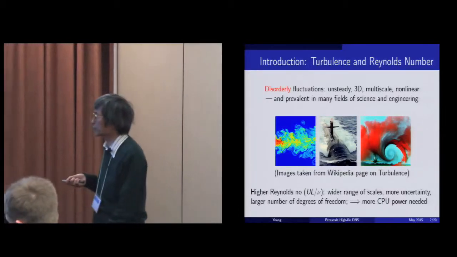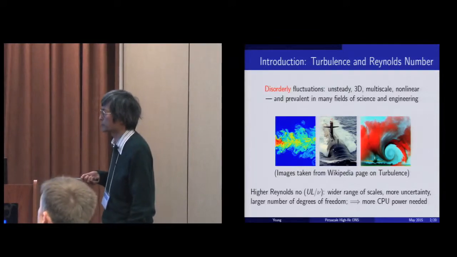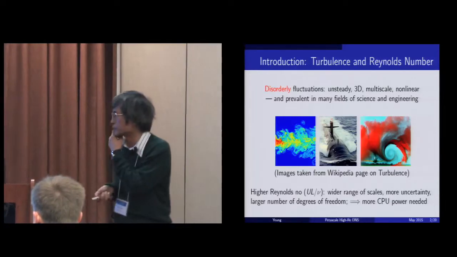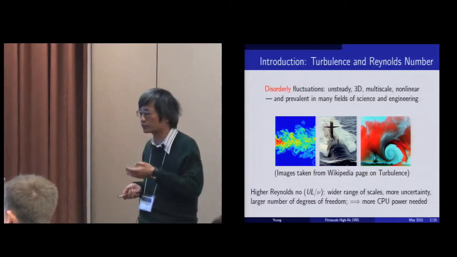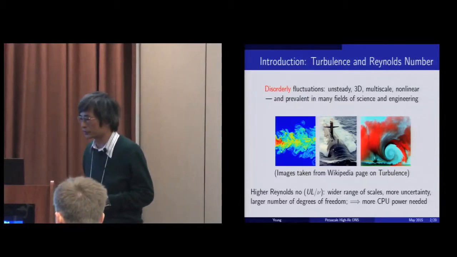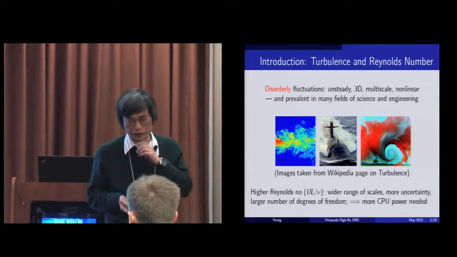And high Reynolds number, well, what is the Reynolds number? Here, the velocity times the length divided by the viscosity. But for most realistic flows, the Reynolds number is very high: thousands, tens of thousands or more. And you have a wide range of scales. So basically, you think about a sine wave or a Fourier decomposition of some kind.